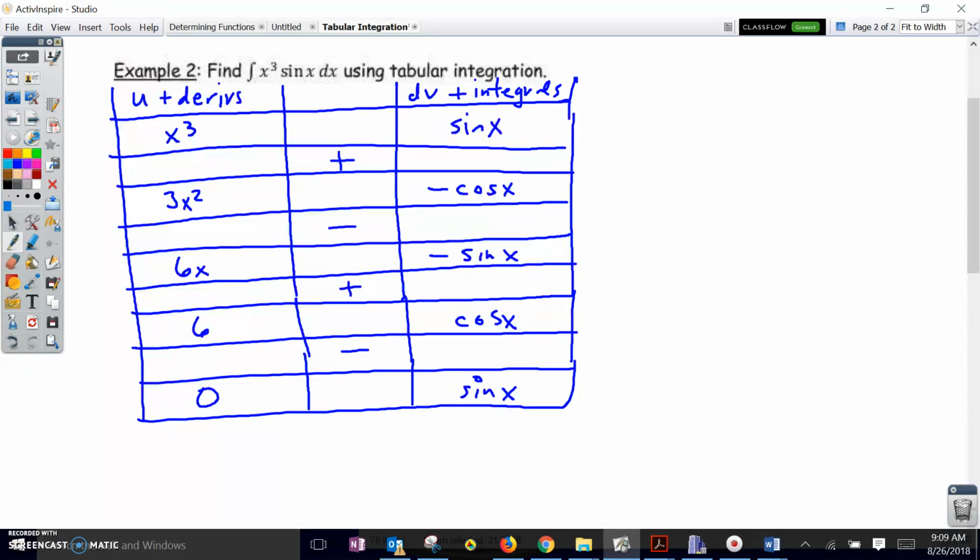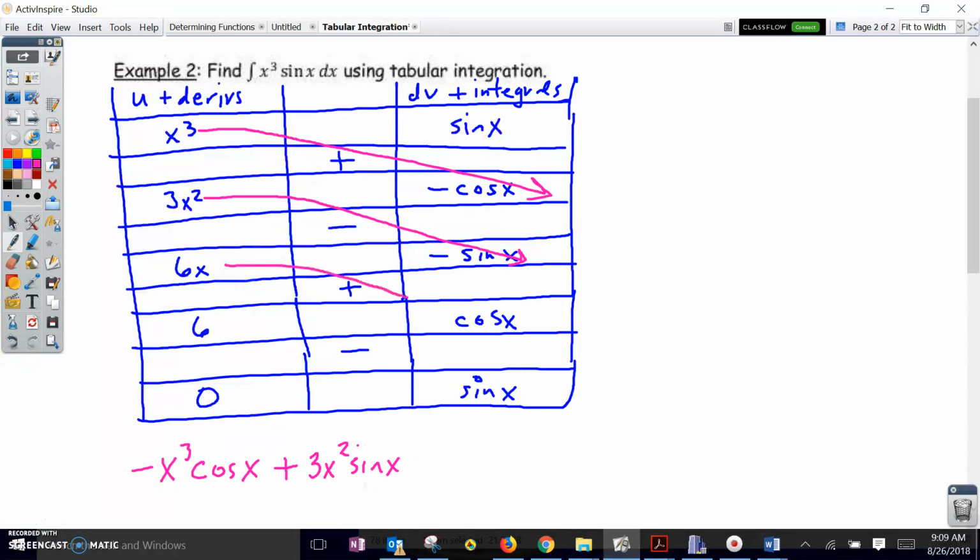And now in order to get my integral, I'm just going to multiply down these diagonals. Got x cubed times a plus sign times a minus cosine of x. So my first term is going to be negative x to the third cosine of x. Multiply down this next diagonal. 3x squared times a minus sign times sine of x becomes a plus 3x squared sine of x.